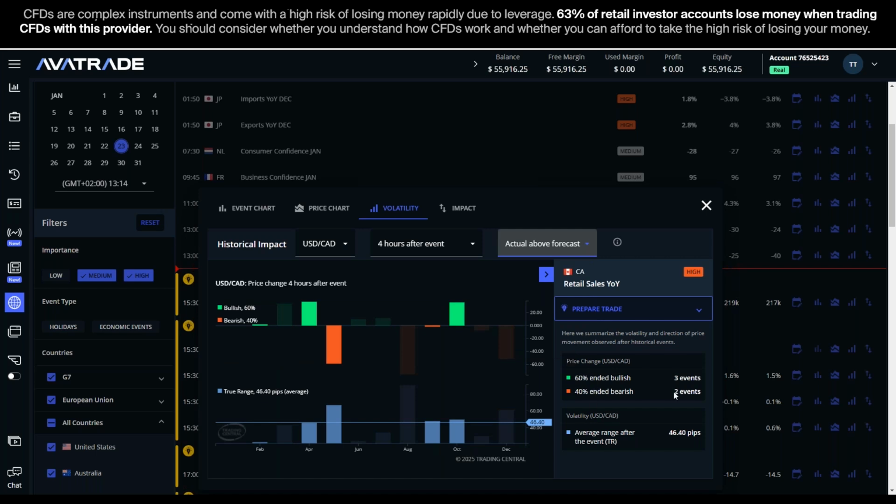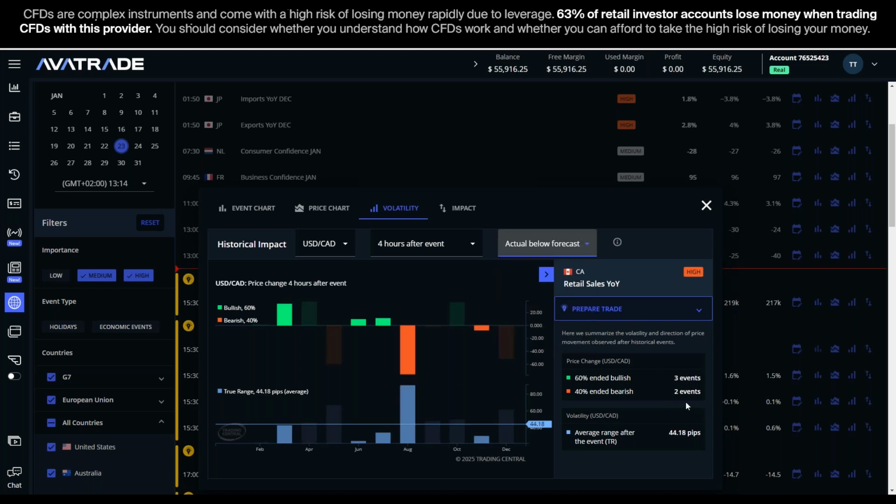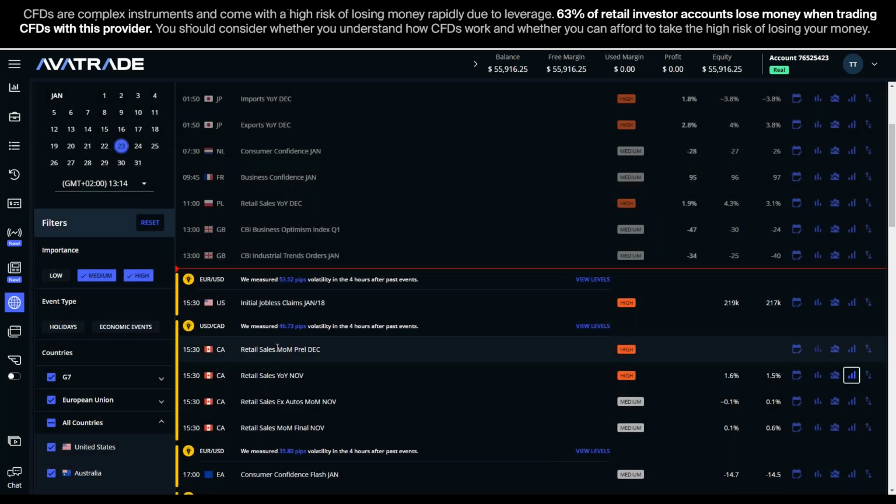It's as close to 50-50 as you can get with 5 announcements, 3 up, 2 down. And the same if it comes in below forecast, 3 up, 2 down. Very unpredictable. The one that went down huge, but the majority went up, but went up smaller. This data doesn't look predictable. Why is it like that? Because it's at the exact same time as the US announcement.